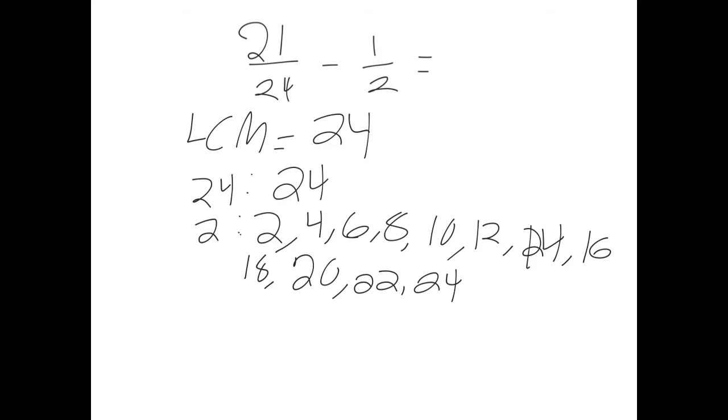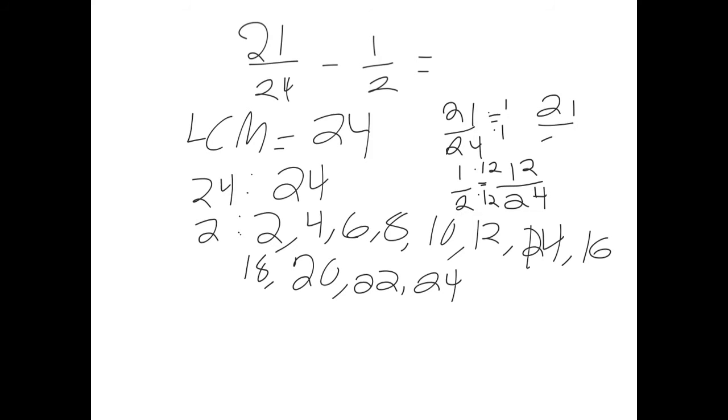And then you will do 21/24ths, and 1/2. And you multiply that by 12, and multiply that by 12, and it equals 12/24ths. And this one, you multiply by 1, and multiply by 1, and it equals 21/24ths.